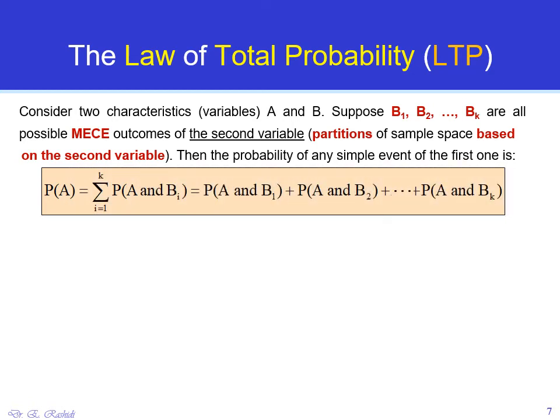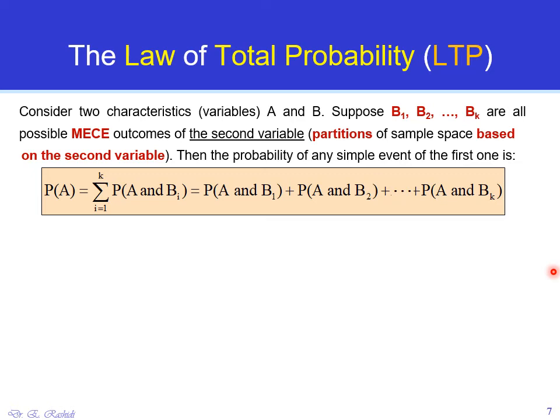The probability of A is equal to the probability of A and Bi, summing over all the Bi, meaning it's the probability of A and B1 plus the probability of A and B2, and so forth, up to the probability of A and Bk. This is called the law of total probability.